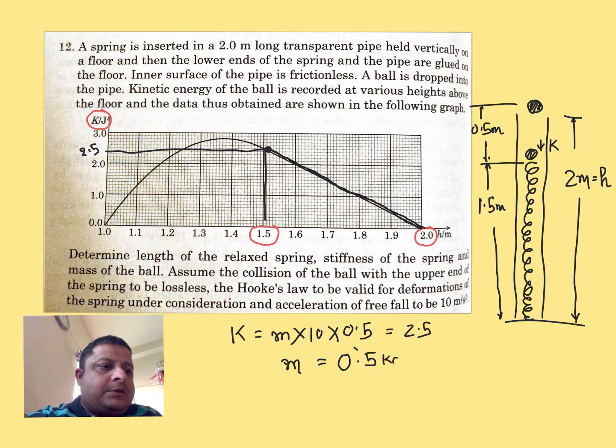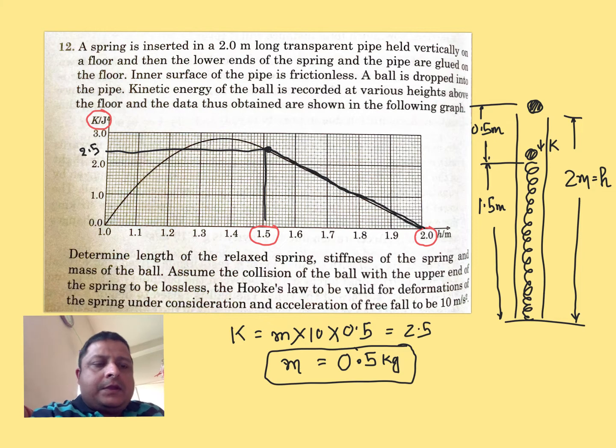So m, the mass of the ball, is equal to 0.5 kg. What else? Determine length of the relaxed spring. So the length of the relaxed spring is equal to 1.5 meter as from the diagram. Stiffness of the spring, we still don't know. And mass of the ball is equal to 0.5 kg.